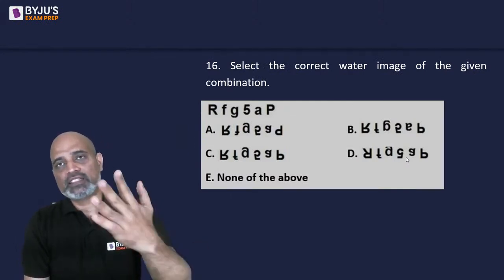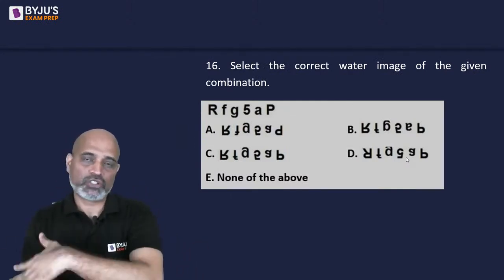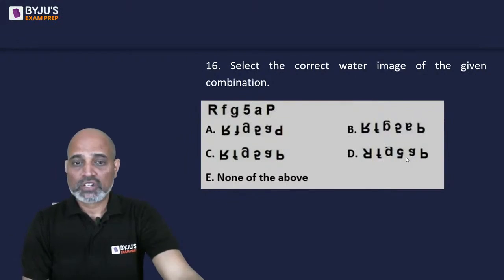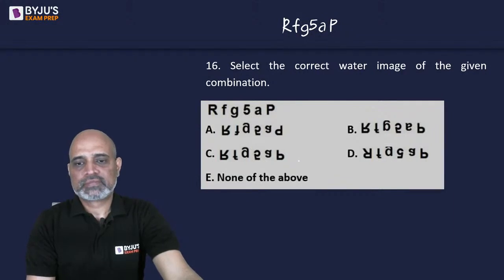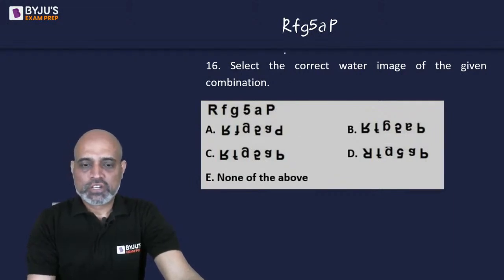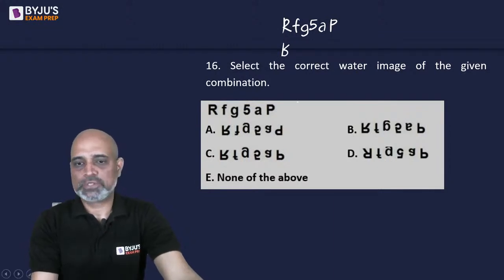Water image, as in the water is going to lie on the ground. Water is not on the left or right. So we have got R, F, G, 5, A, P. So the mirror image of R is going to look like this. Options check kar lo.